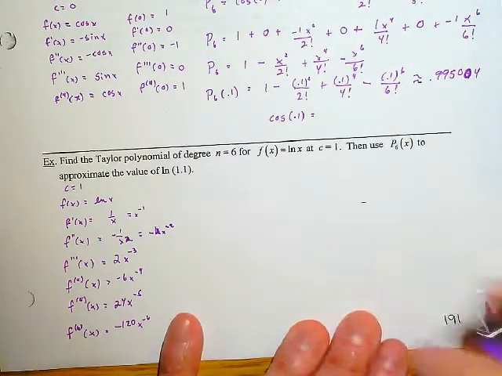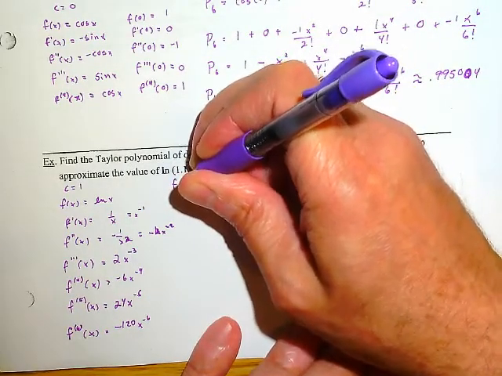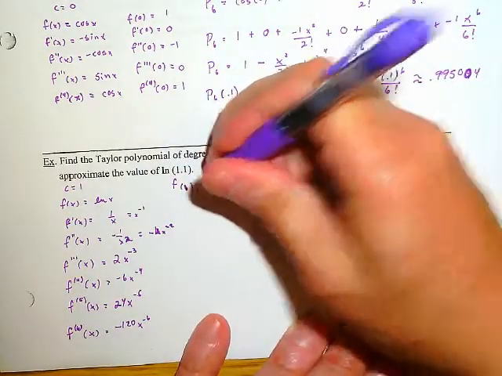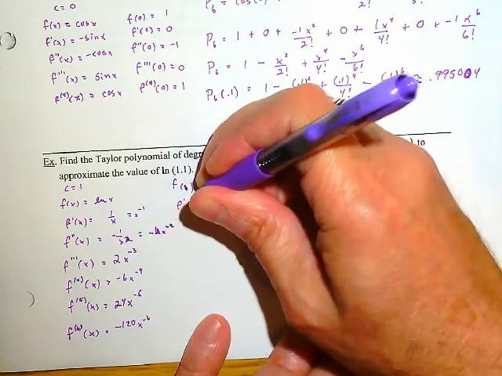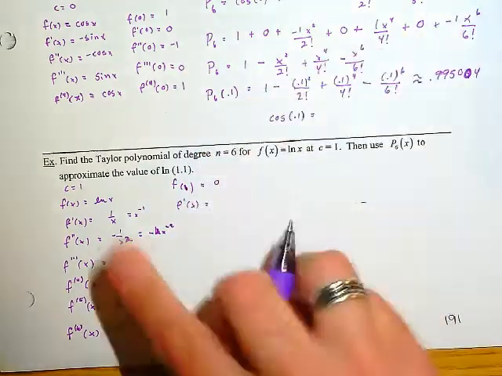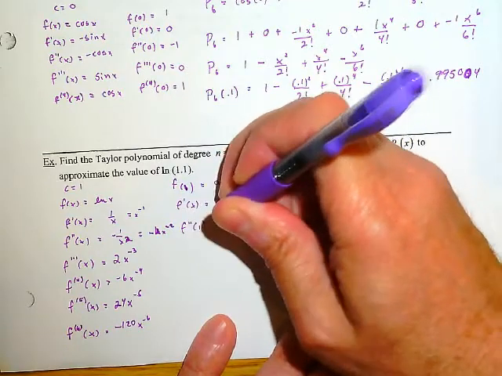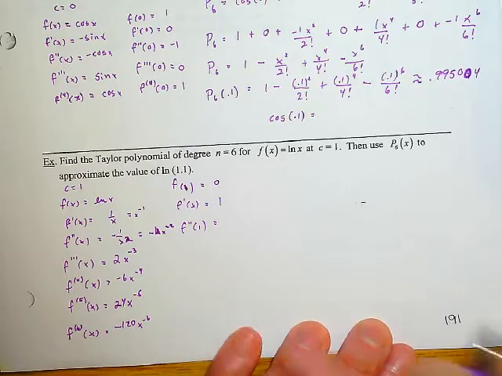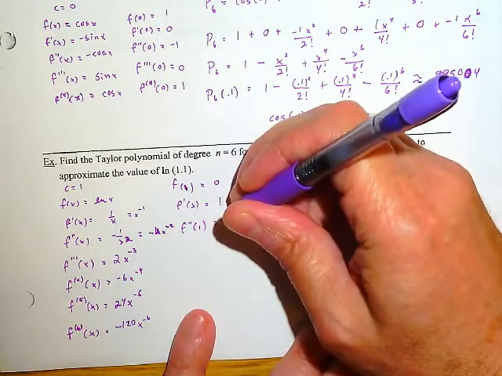Now, let's make a table here. F of 1, because that's where c is equal to 1, so f of 1. Well, what's the log of 1? 0. F prime of 1. What's 1 over 1? 1. F double prime of 1. So clearly the numbers there are going to be easy to see. That's negative 1, isn't it?